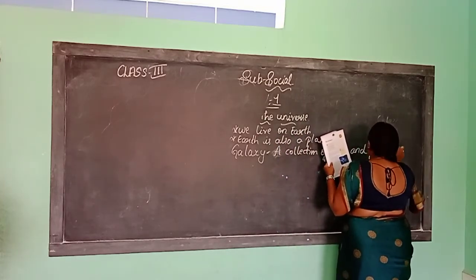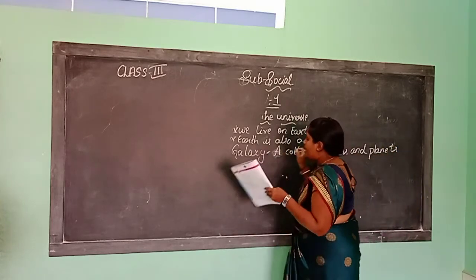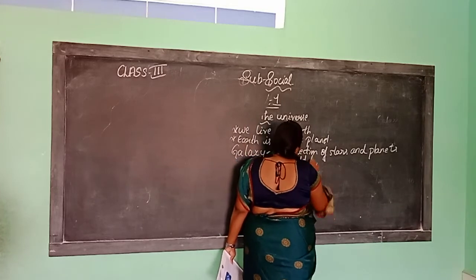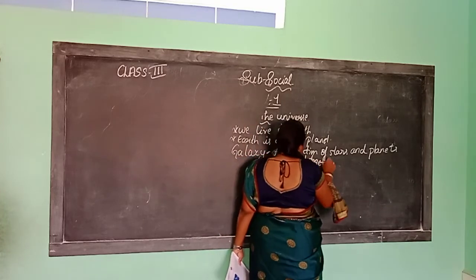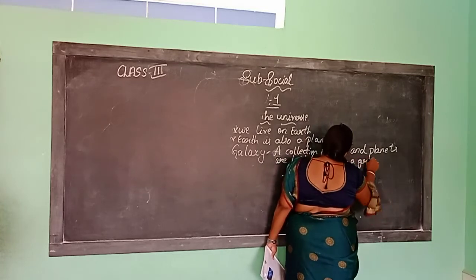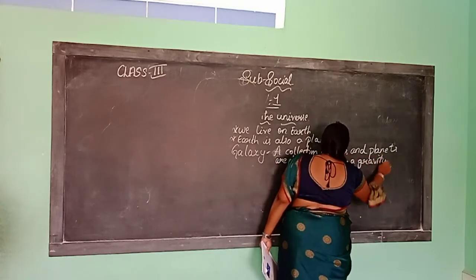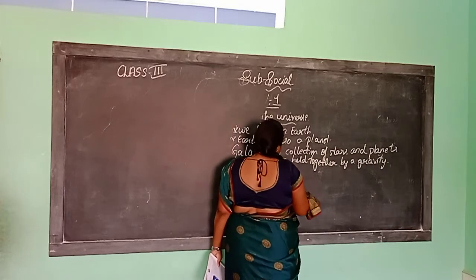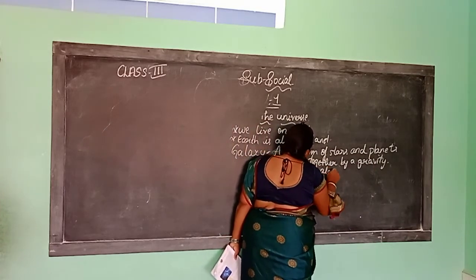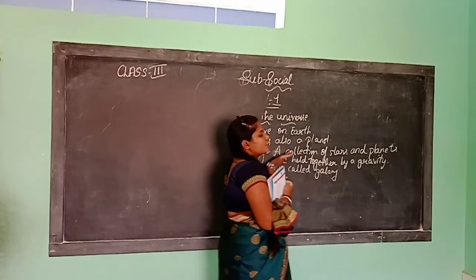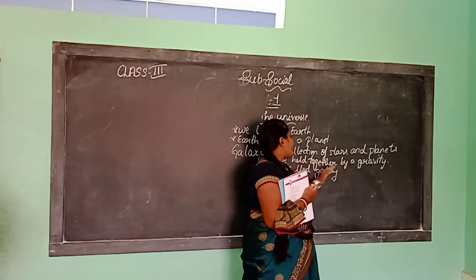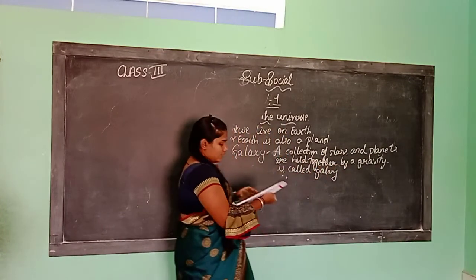The collection of stars and planets held together by gravity is called galaxy. What is galaxy? A collection of stars and planets held together by gravity is called galaxy.